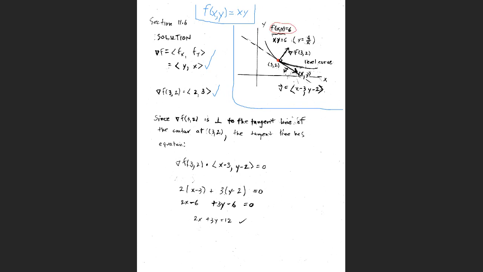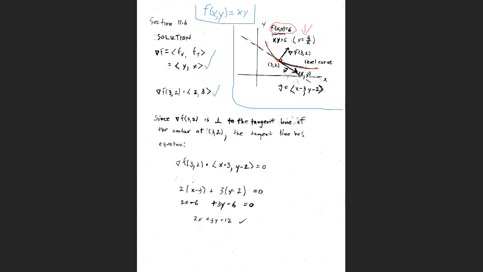So if f of xy equals 6, that means x times y equals 6. So that means y equals 6 over x. That's a rational function, and I know you've graphed rational functions before. If you graph it on your calculator, it's going to look like that.